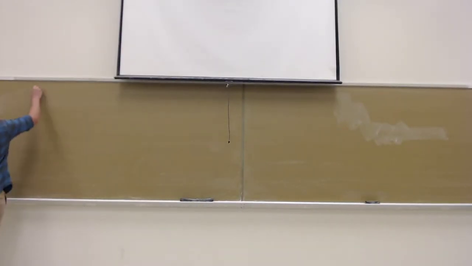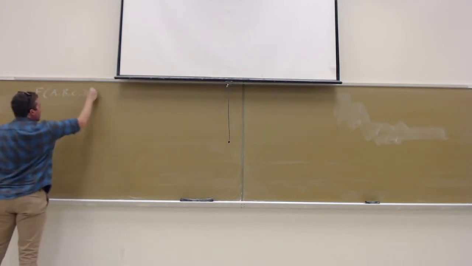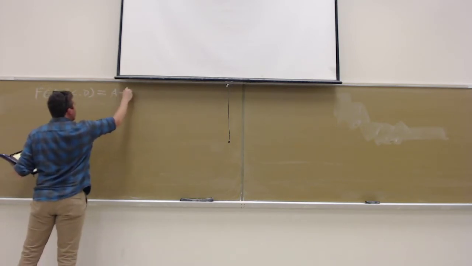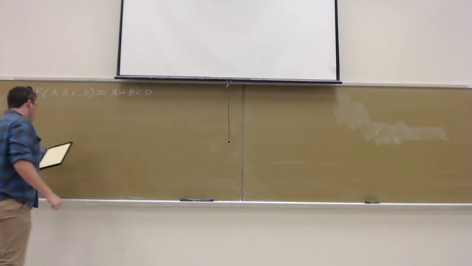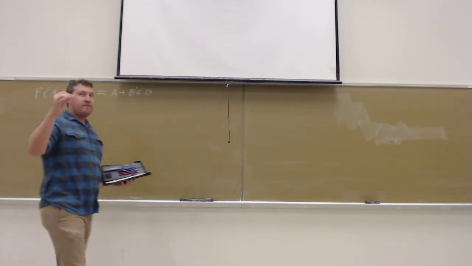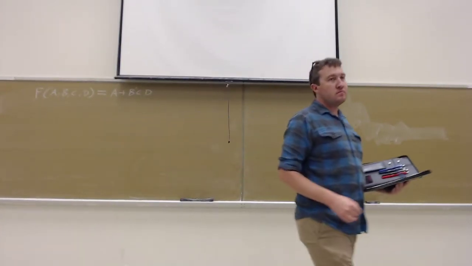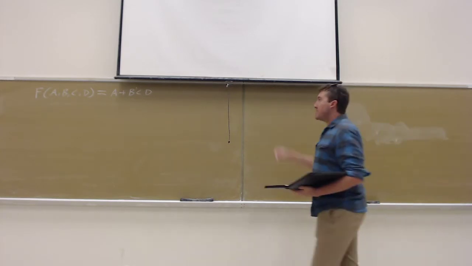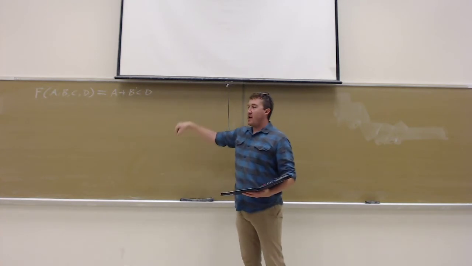Let's say f is a function of a, b, c, and d, and it's equal to simply a or b naught and c and d. What form is this expression in? Sum of products, right? So what I'd like you guys to do right now is convert that to product of sums.